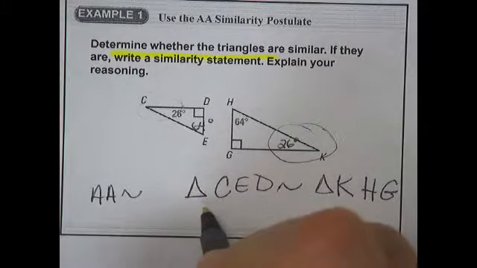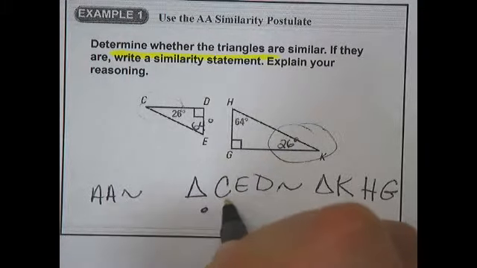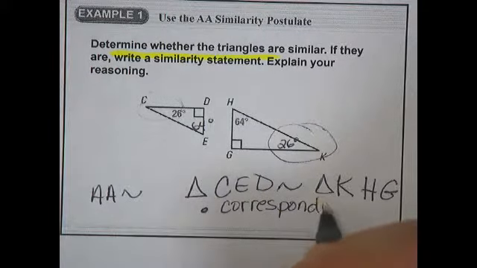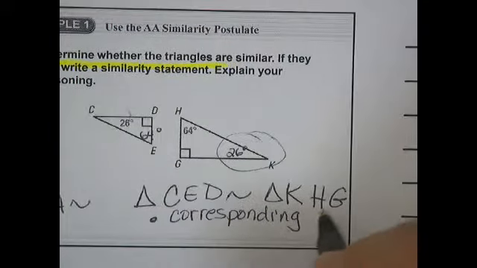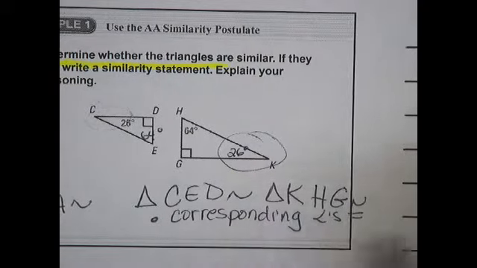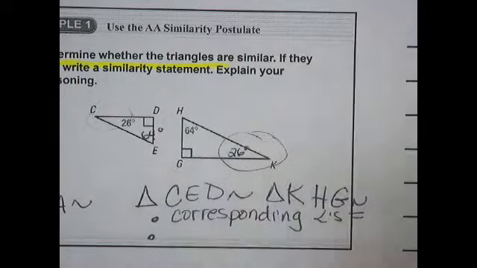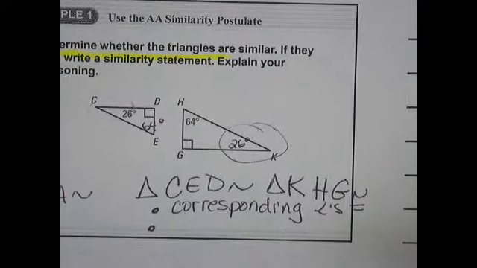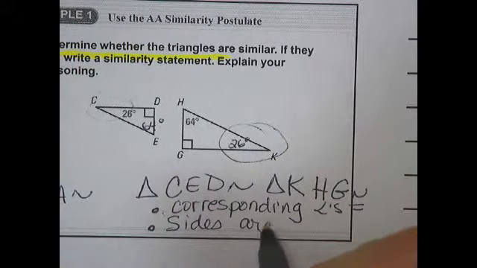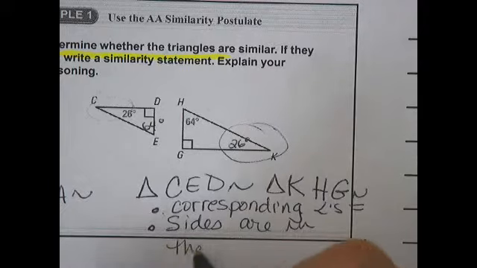So that should be copied into your notes. Properties that are true: corresponding angles are congruent. And what other property is true about these two triangles?